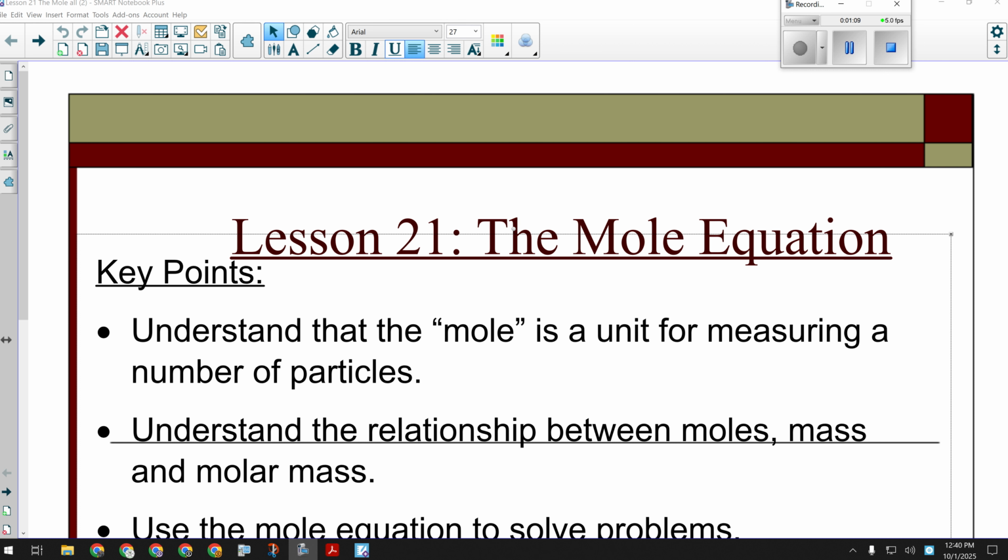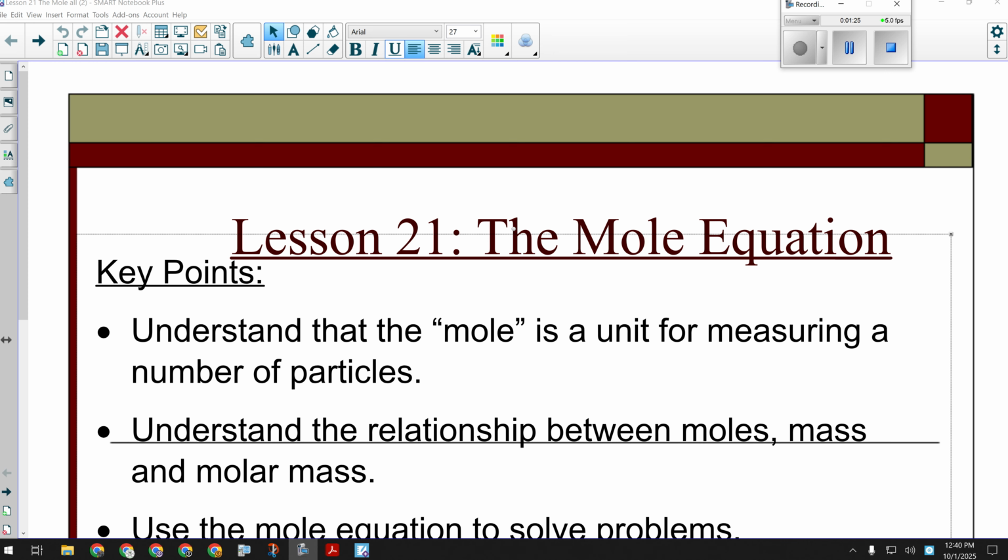When we're talking about atoms and molecules, we're talking about things that are really, really small. Which means when we're talking about how many molecules or atoms of something, that is a gargantuan number.